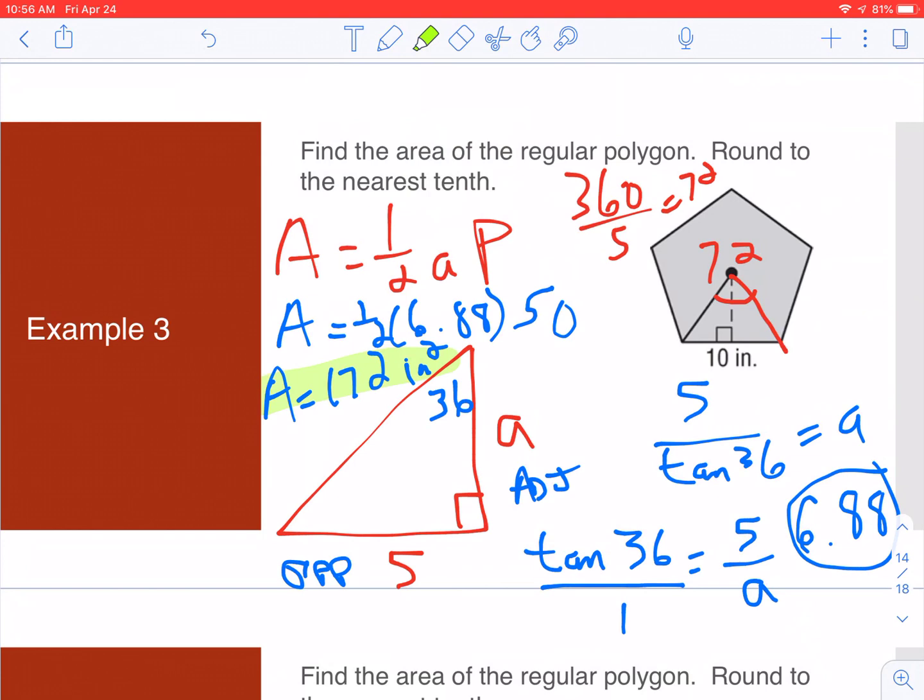Here's my answer right there. Okay, so I have to use trig because I don't have the angles to find my apothem. And I took this triangle here and I wrote it bigger over there.